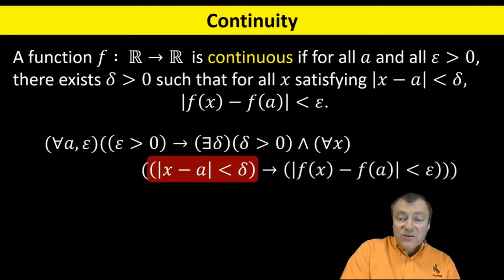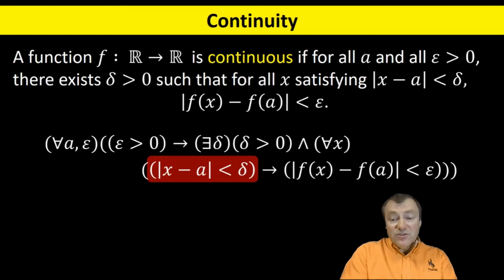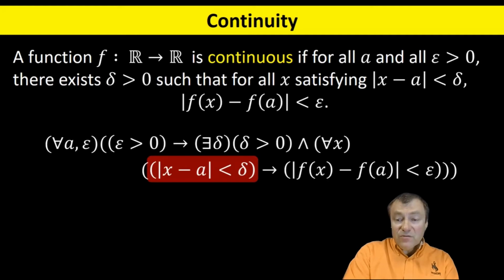Now, the full definition of continuity makes use of the definition of limit, but you'll see a slight simplification here from the full definition of a limit. In the portion that I've highlighted here in red, we would ordinarily require 0 less than absolute value of x minus a less than delta.